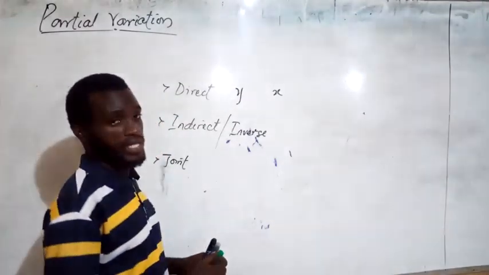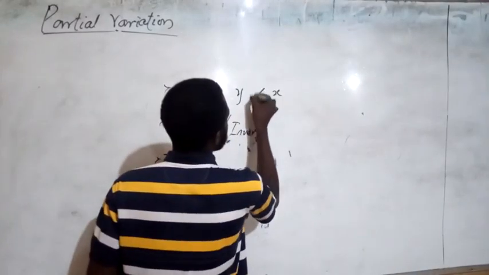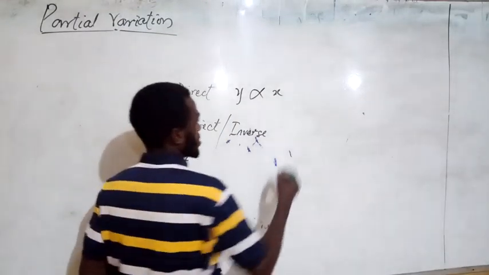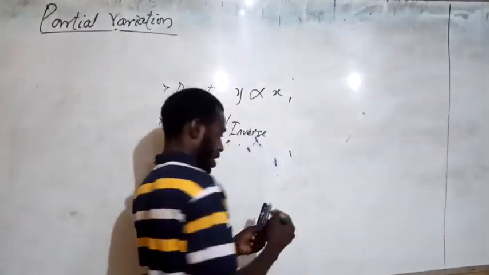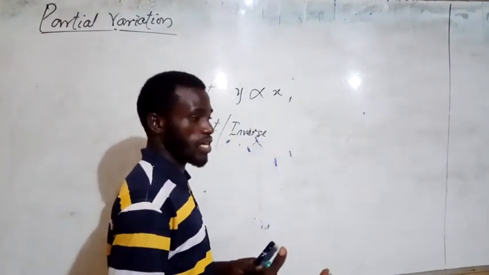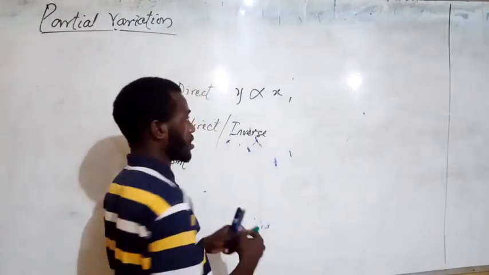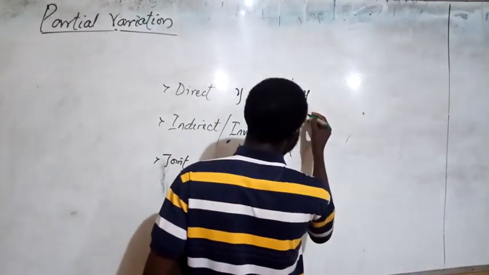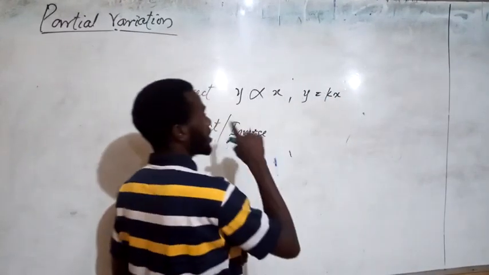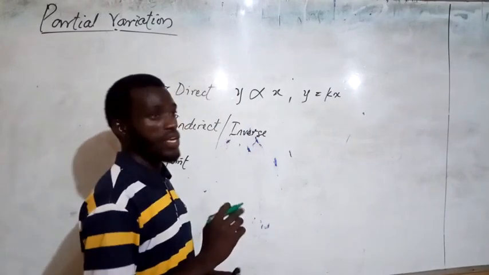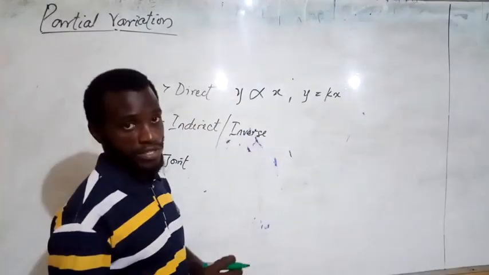Hence, the reason why we write it in this notation, we say y is directly proportional to x. And when we introduce our constant, which I explained is the actual reason for the relationship to exist, we now have that y will be equal to kx. Notice that our constant here is just k. So this is the notation for direct variation.